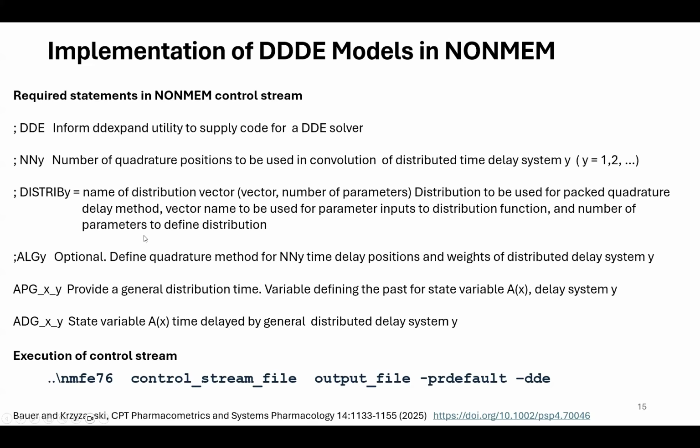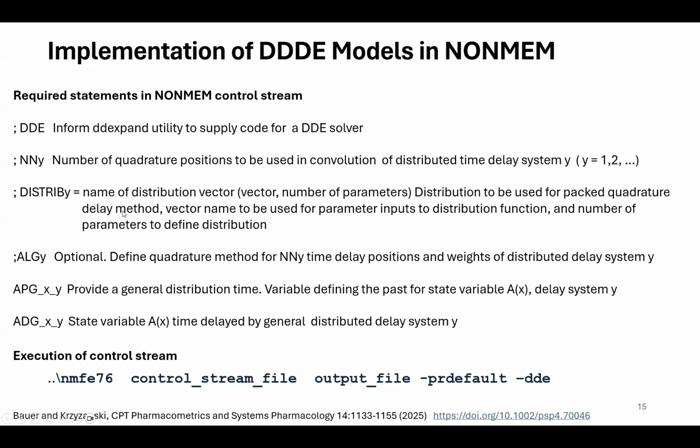When you want to specify the delay kernel for the distribution, you provide this parameter with DISTRIBUTE, and the Y is an integer. It goes 1, 2, and so forth. Basically, if you have one convolution integral, Y becomes 1. If you have more, then Y would have subsequent integers corresponding to their number.